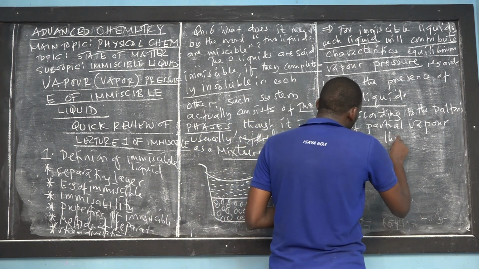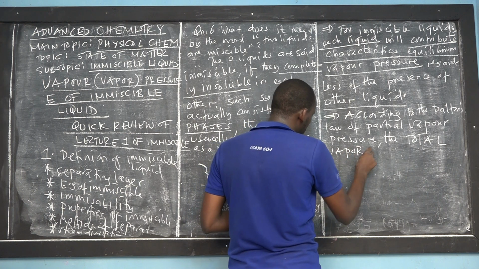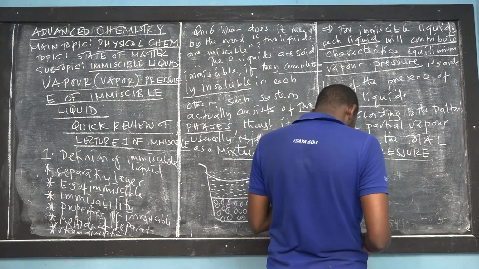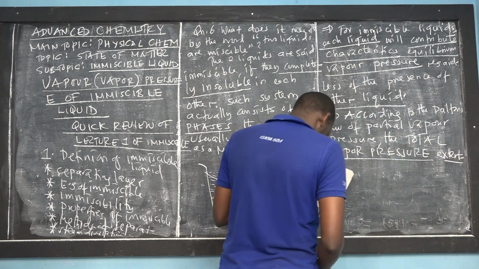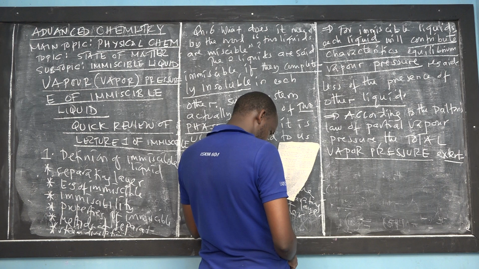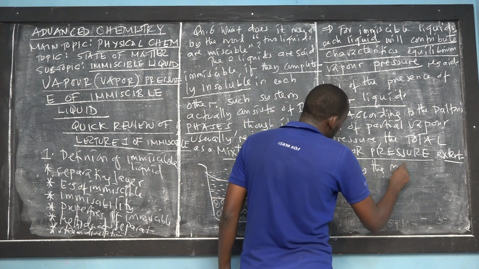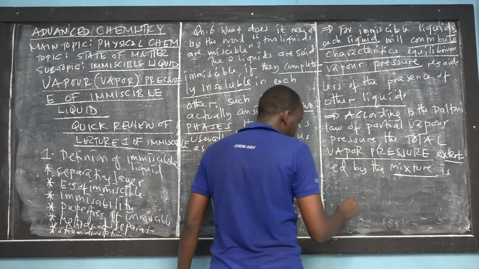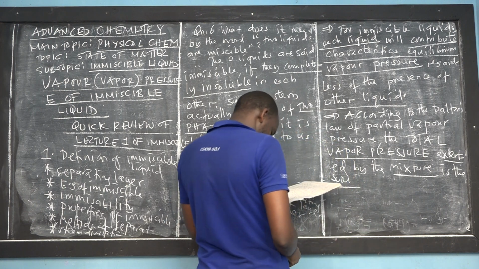It stated that the total vapor pressure exerted by the mixture, such as an immiscible mixture, is the sum of the equilibrium vapor pressures.